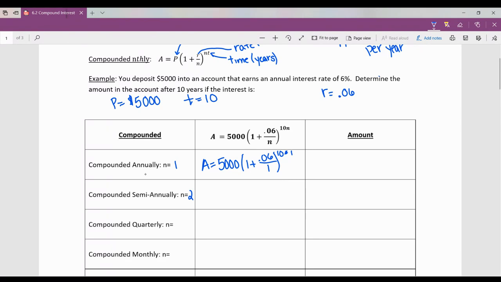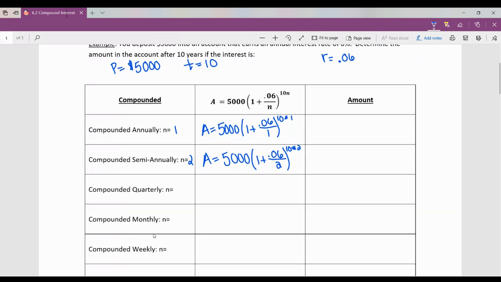For this one, the amount in my account is equal to 5,000 times 1 plus 0.06 divided by my n, which in this case is 2, raised to the 10 times 2, because my n is 2.